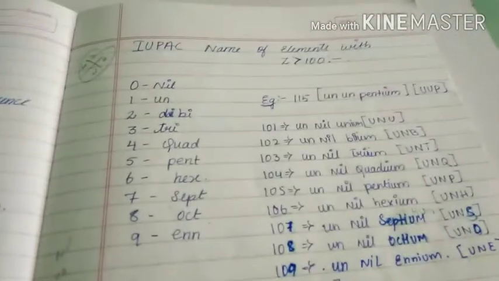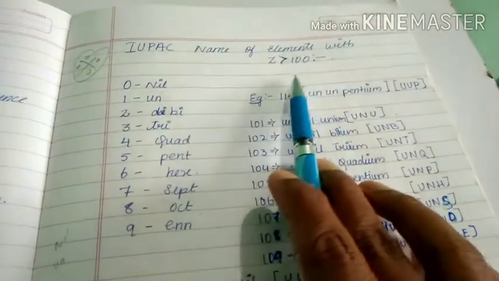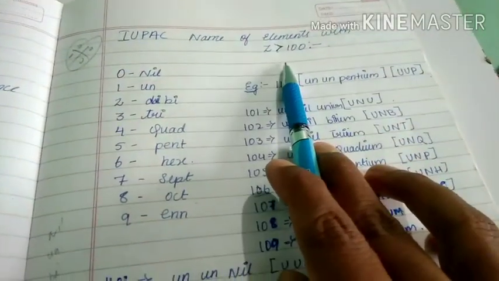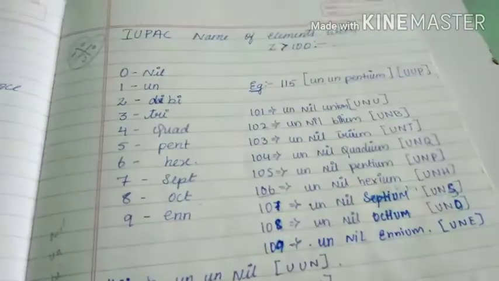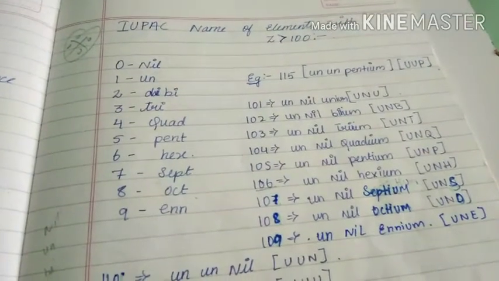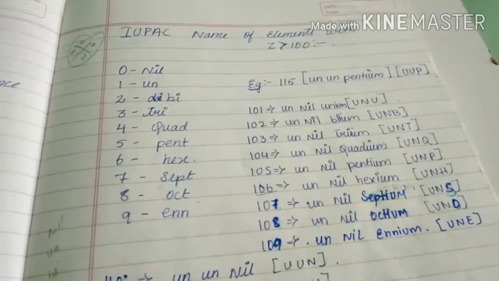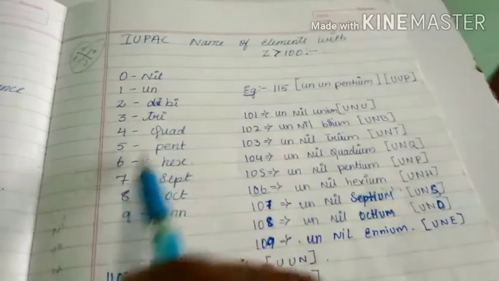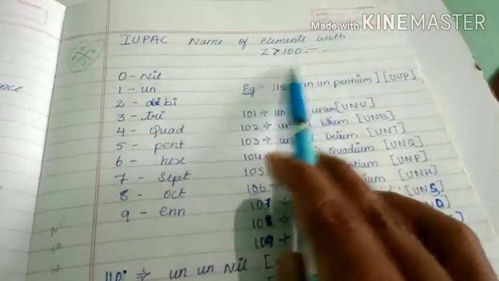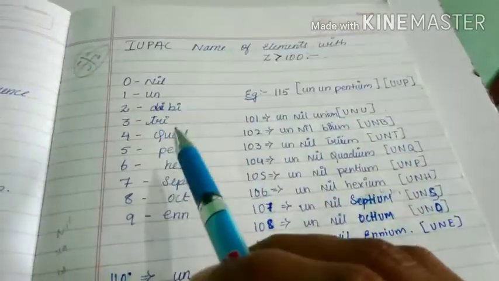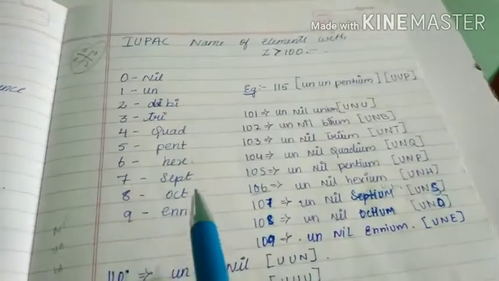Next, the last topic here, that is IUPAC names of elements with Z greater than 100. That means if atomic number is more than 100, we should follow these rules to name the element.